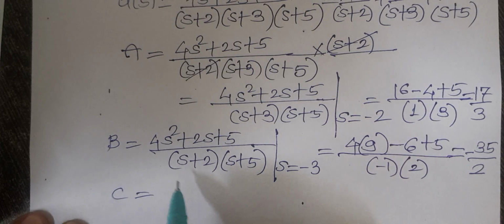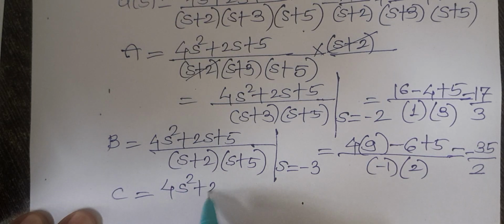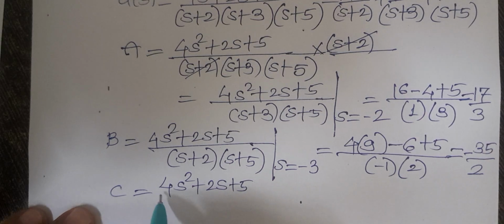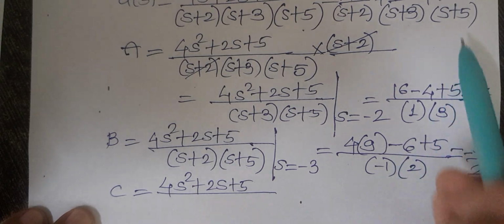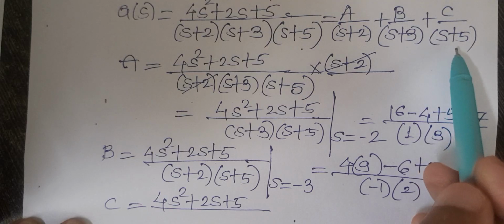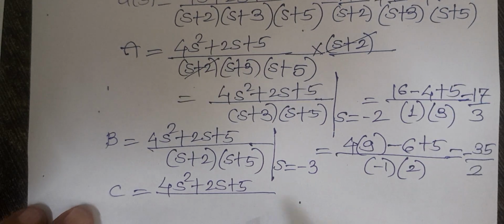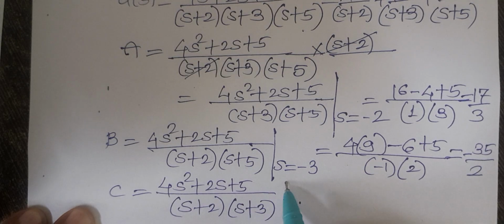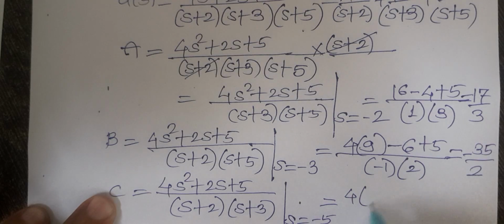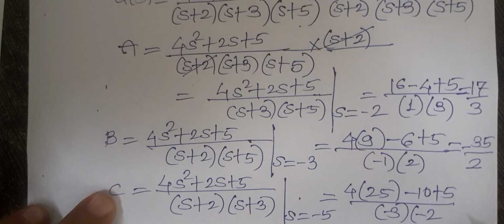For C, the denominator factor is s plus 5, so s plus 5 will be cancelled. What remains is s plus 2, s plus 3, and we put s is equal to minus 5. We get 4 into 25, minus 10, plus 5, divided by minus 3 into minus 2.